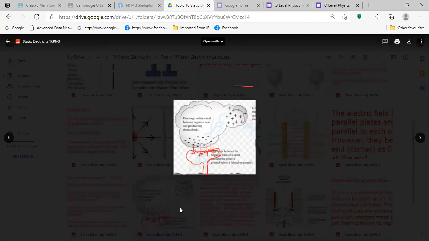Yesterday in Dhaka we had a thunderstorm, right? We get this thunderstorm before the rain or during the rain, right?